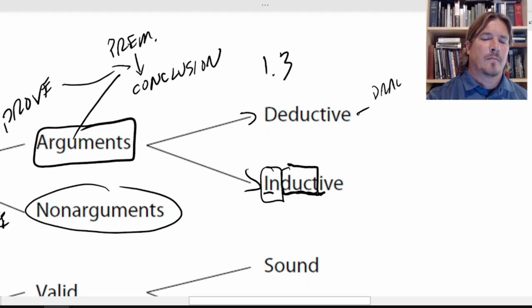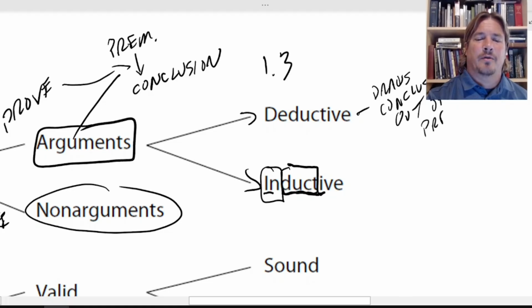draws a conclusion out of the premises of an argument.